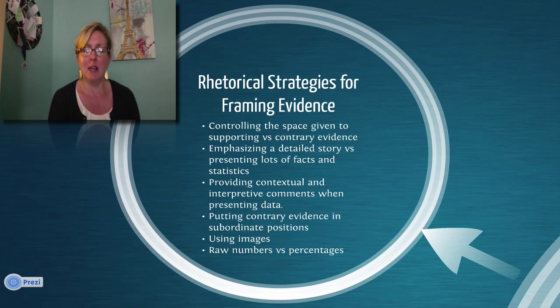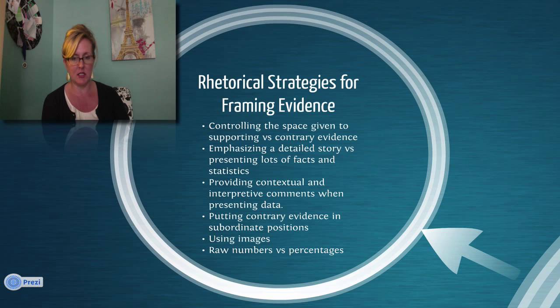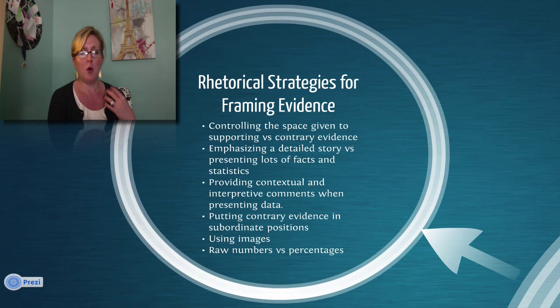Okay, so rhetorical strategies for framing evidence. So controlling the space given to supporting versus contrary evidence. In other words, you are going to have contrary evidence in your piece, but the kind of space that you give that contrary evidence is controlled by you.